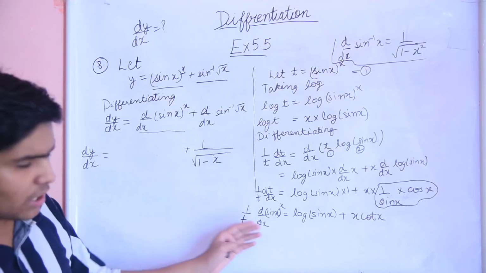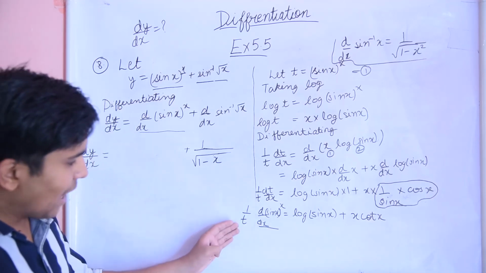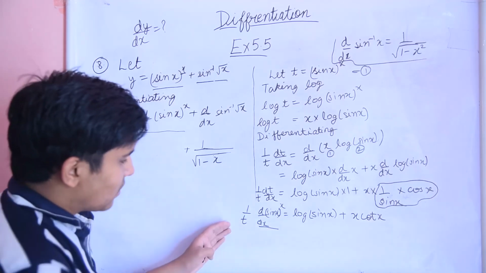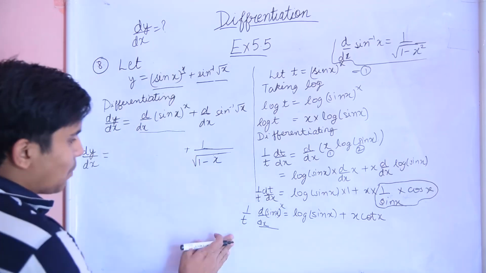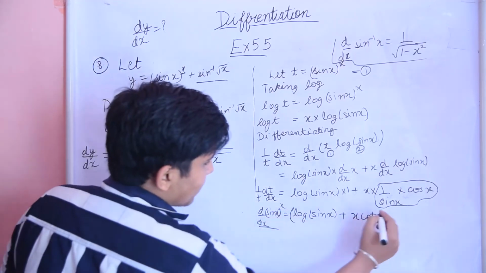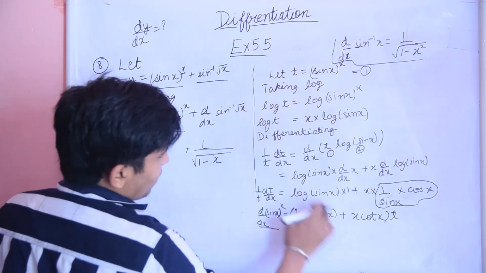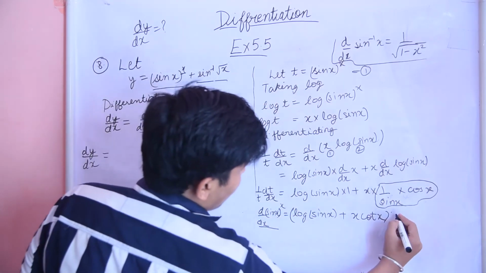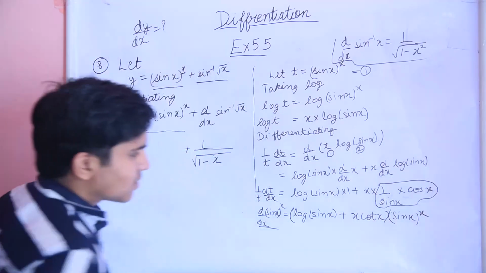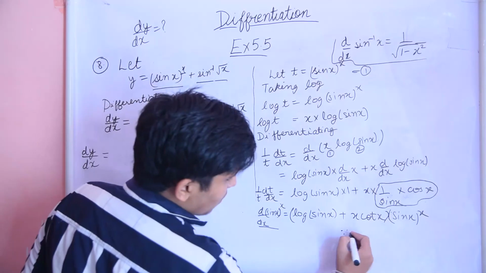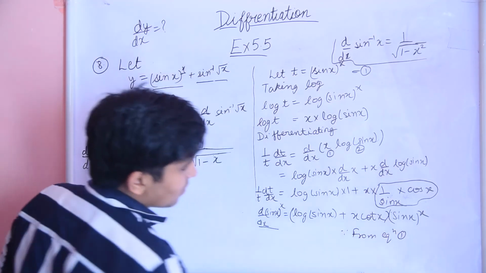So for finding the value of this, we have to shift this 1 upon t to the RHS by multiplying it in the numerator. So putting the value of t from equation number 1, we will have sin x raised to x.